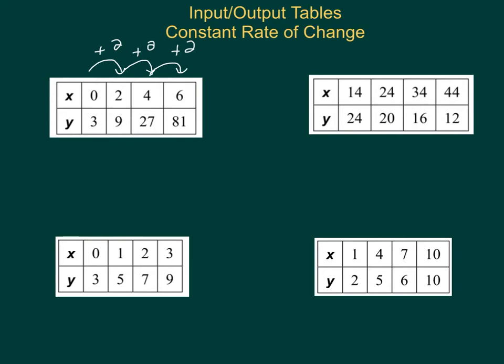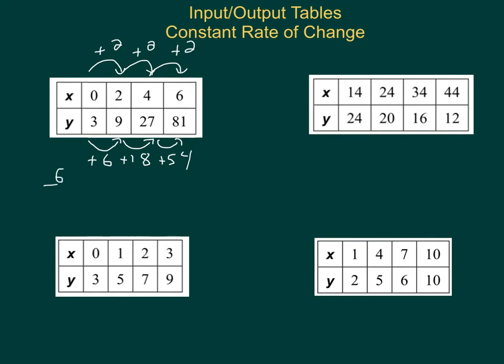What about for the y's? For the y's, 3 to 9 is an increase of 6. From 9 to 27 is an increase of 18. And from 27 to 81 is an increase of 54. I'll put the pluses there. Now, a rate of change, a rate is a comparison of two things. So I'm going to take my change in y over my change in x. I'm going to write it as a fraction.